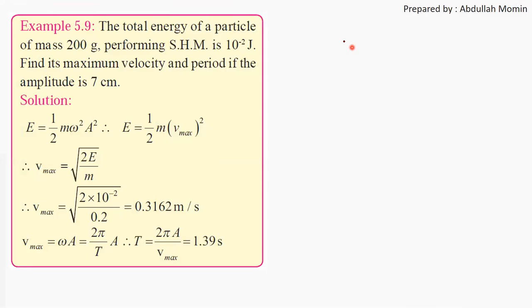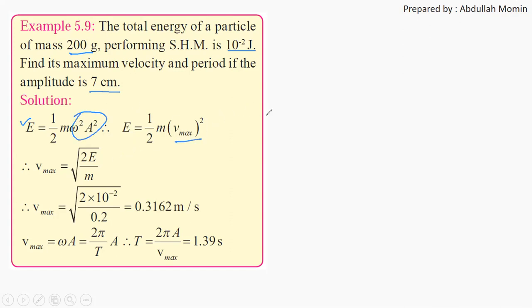So next: the total energy of a particle of mass 200 gram performing SHM is 10 raised to minus 2 joule. Find its maximum velocity and period if the amplitude is 7 centimeter. We know that the energy of a particle is half m omega square a square, and this term is your maximum velocity square.